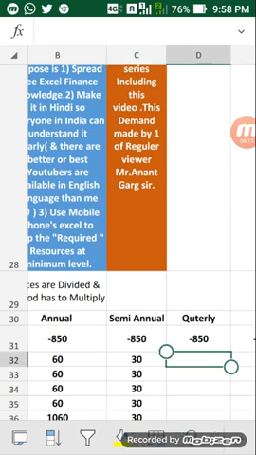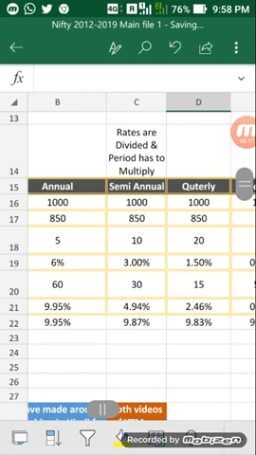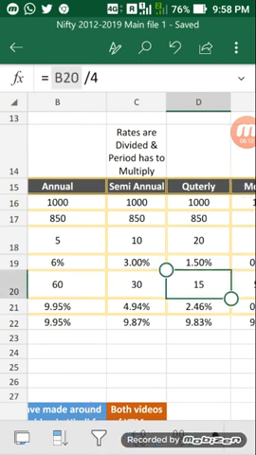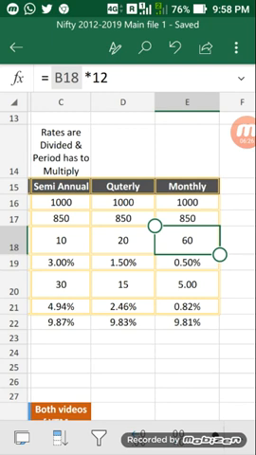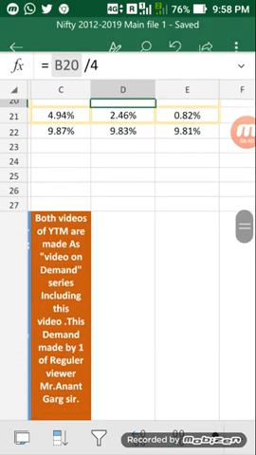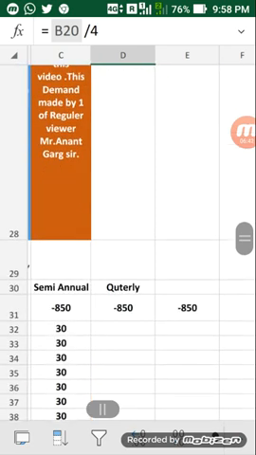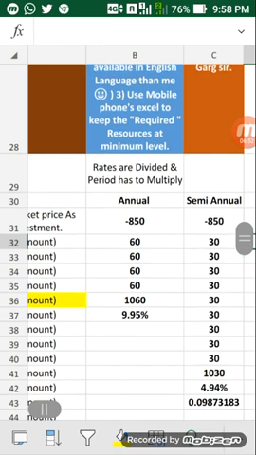For quarterly you have to give 20 times rupees 15, and for monthly you have to give 60 times rupees 5, and in the last cell you have to add 1000 rupees, and then calculate the IRR rate, that is your yield to maturity. Calculate and show me in your comments.